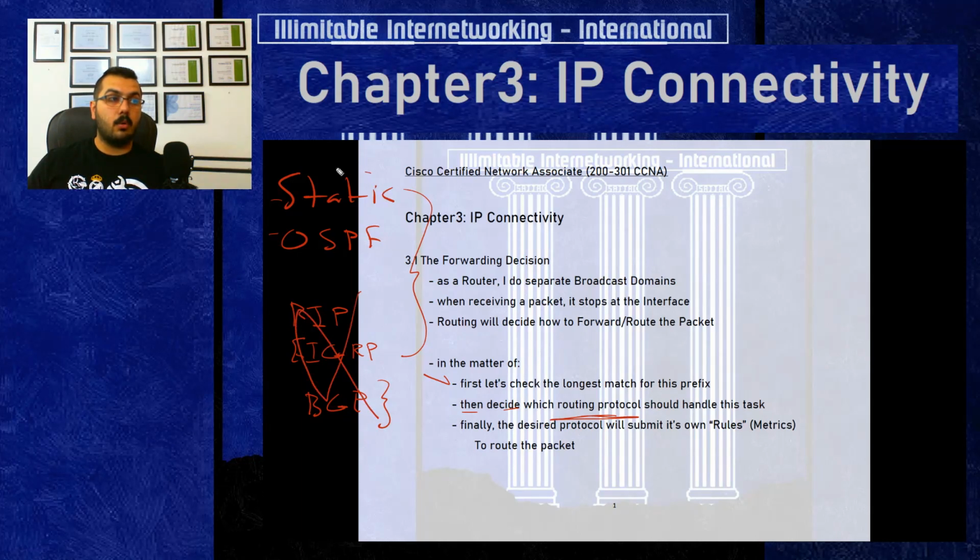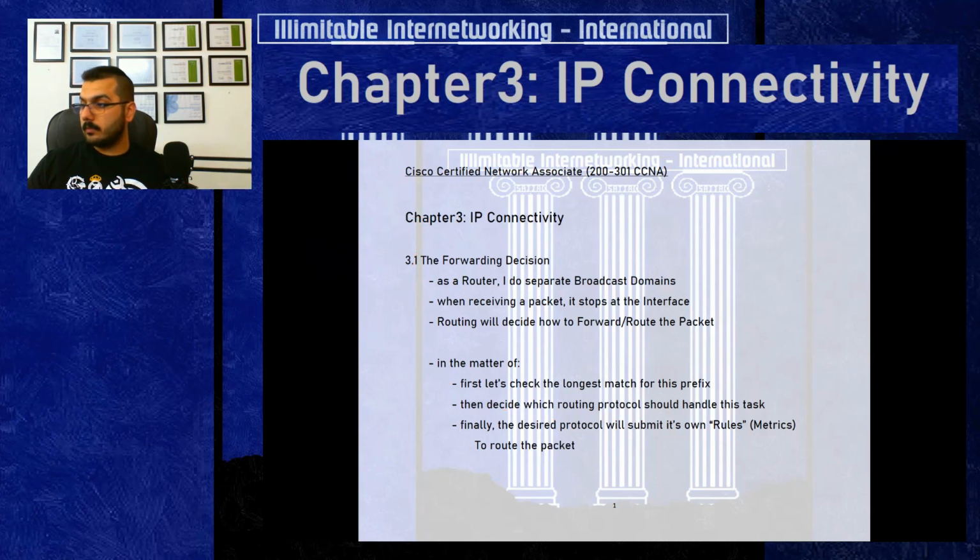Cisco wants you to know only these 2. This one is a static protocol and this one is considered a dynamic protocol, and we will talk about both of them in detail in the upcoming slides and videos. So first is the longest match, and the second is which routing protocol should handle this task.